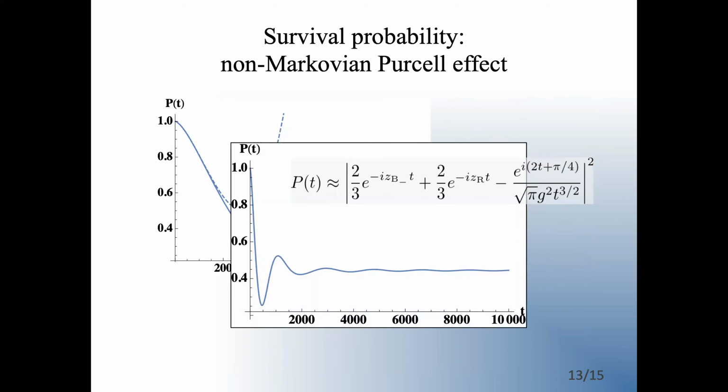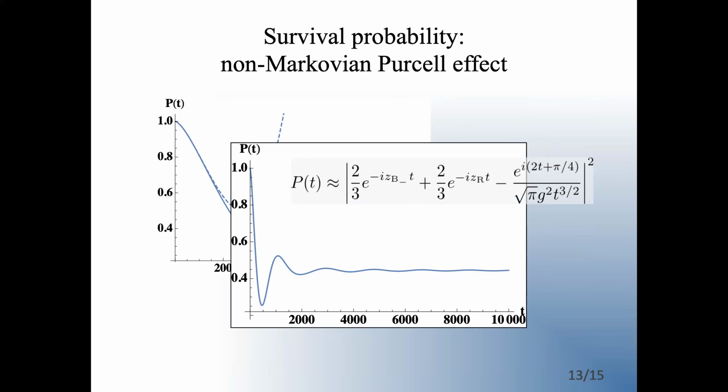This is then followed by a kind of oscillatory phase in which the dynamics can be described as a combination of these three terms, which are from a pole from the bound state, a pole from the resonance, as well as an inverse power law due to the long time tail.